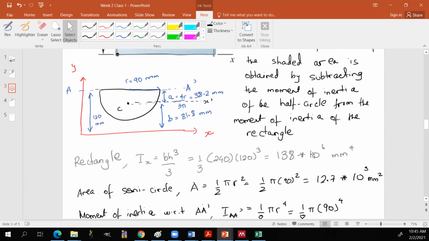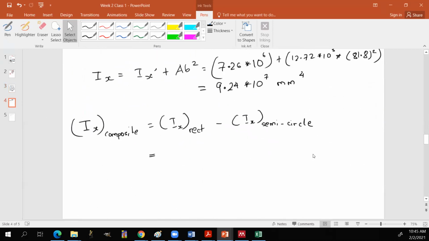For the rectangle, it was 138 times 10 to the 6th. How much is that? .56 times 10 to the 7.